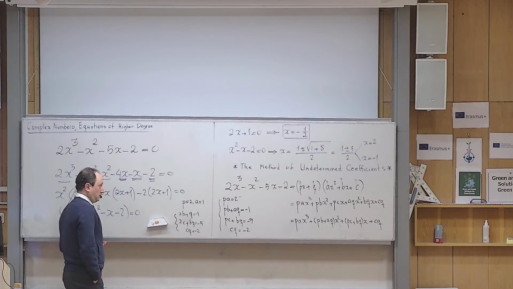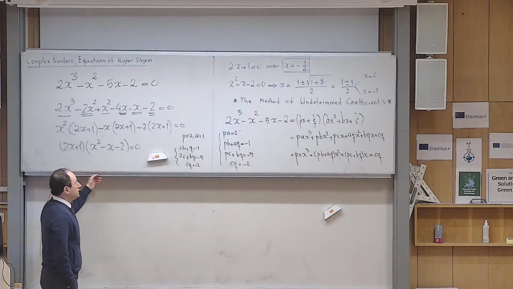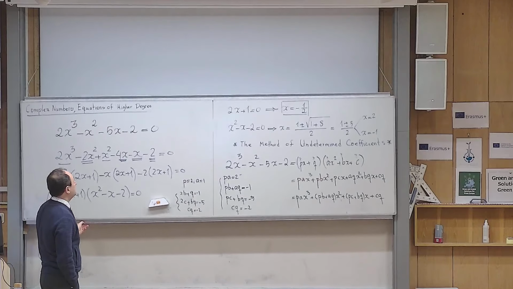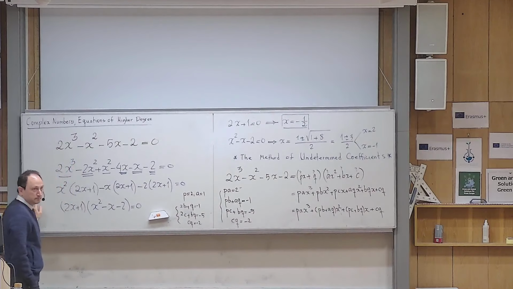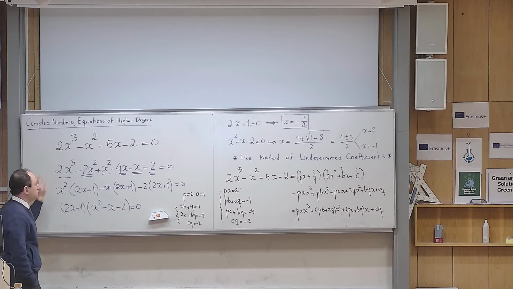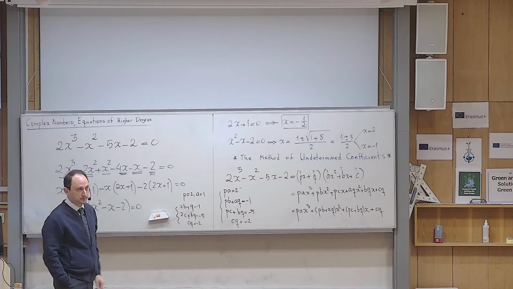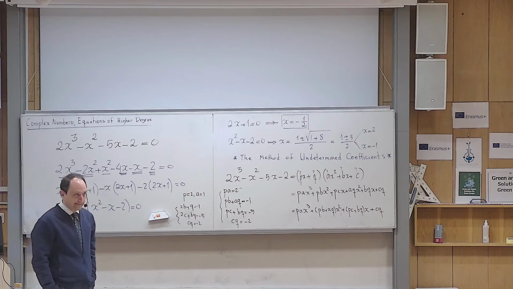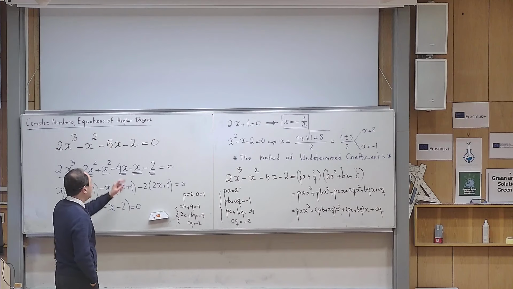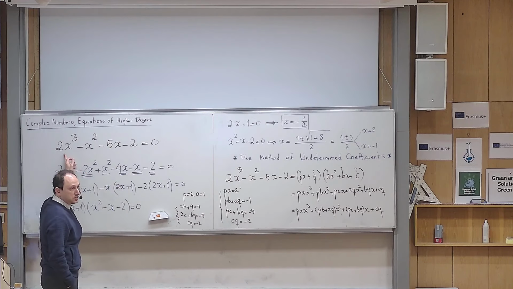Now, this is why we want to start the lesson by extracting a piece of information from the beginning in my equation. Can you guess an answer for this polynomial? If you are lucky and there is an integer solution to this, it is not hard to find that solution.